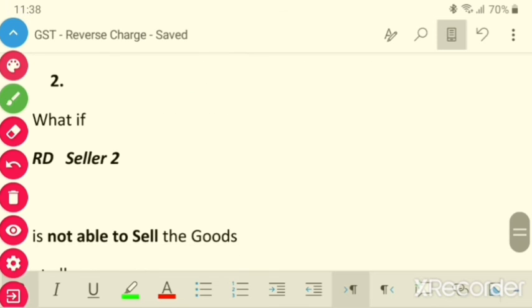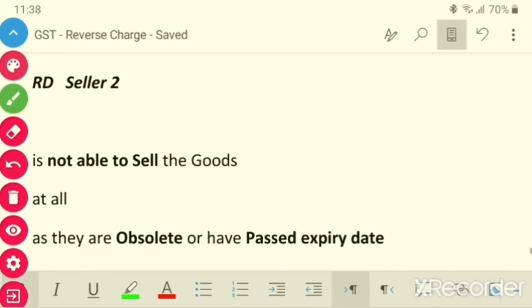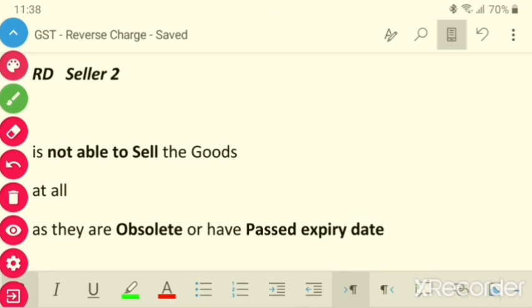Let us take another example. What if seller 2 is not able to sell the goods at all? Why? They have become obsolete or past expiry date. Now what?